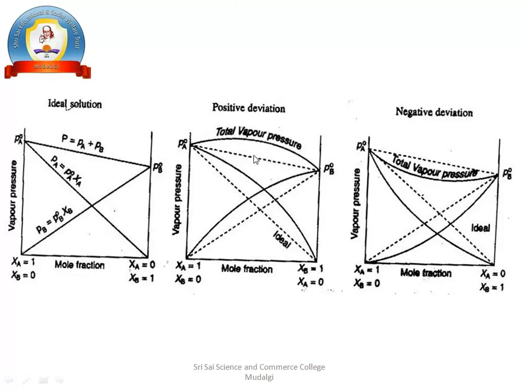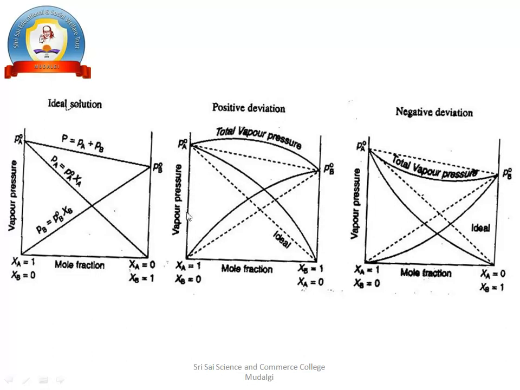You can see the dotted line indicates the ideal solution graphical representation, but for positive deviation you will get an extra increase in the vapor pressure curve. So hence there will be a greater curve compared to that of the ideal solution for positive deviation.